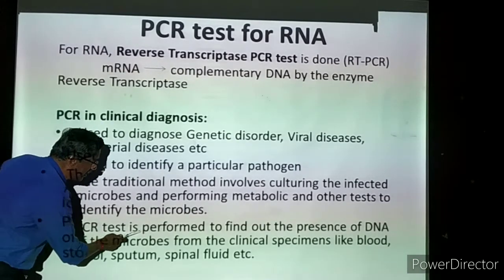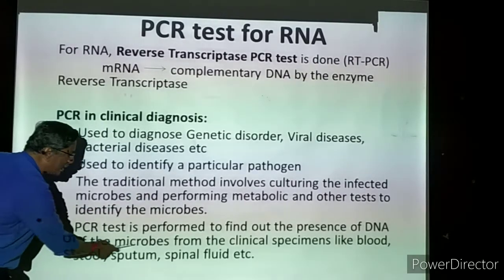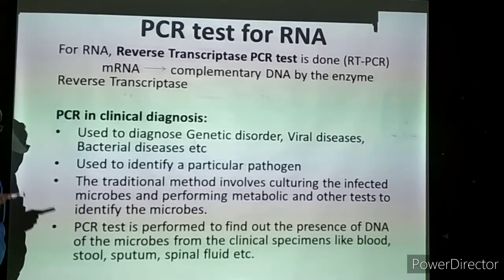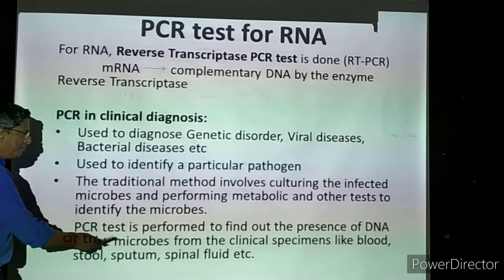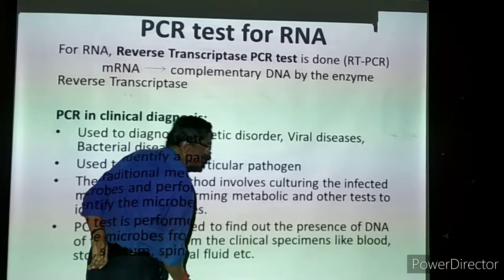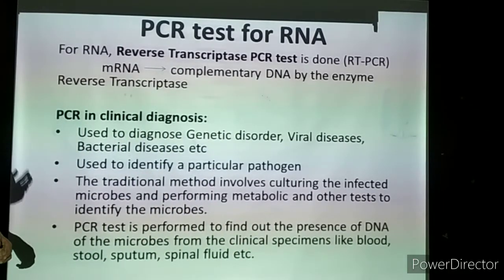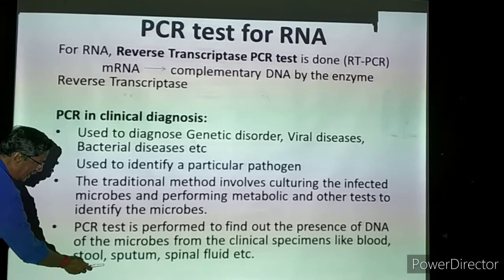The PCR test is performed to find out the presence of the DNA of the microbe, not the microbe itself, the DNA. Even the DNA will be identified from clinical specimens. What are clinical specimens? Blood is a clinical specimen, because the doctor tells us to give a blood sample. So blood is a clinical sample. Stool, that is undigested food.